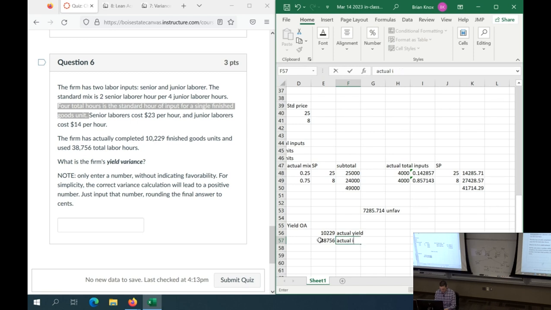This is actual total inputs. We have 1 over 4. That is the ratio of FG to input. And so we should have produced 9,689 yield. That should be our yield, finished goods units we produced, given this amount of input.